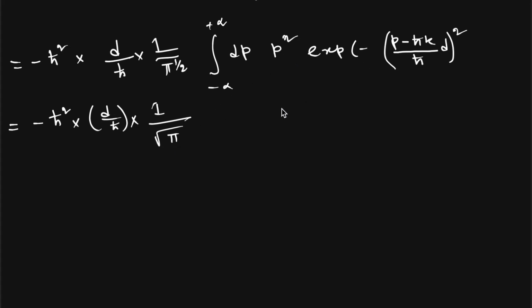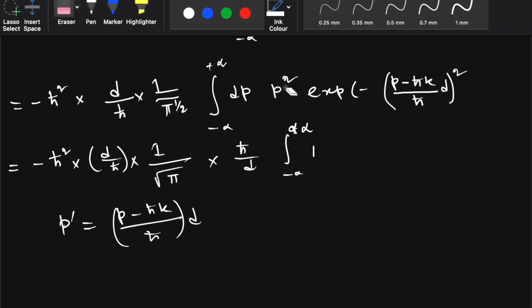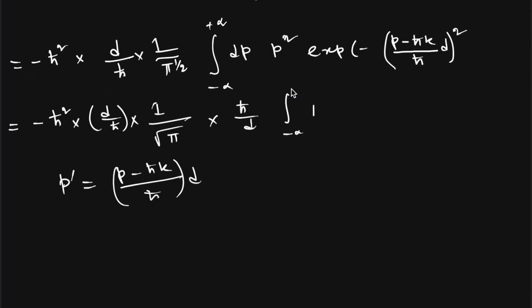If we change the variable, what will we get? We get p prime equal to (p minus h cut k) t by h cut, so integral from minus infinity to plus infinity dp prime, where p will be h cut p prime by t plus h cut k, its square, right?